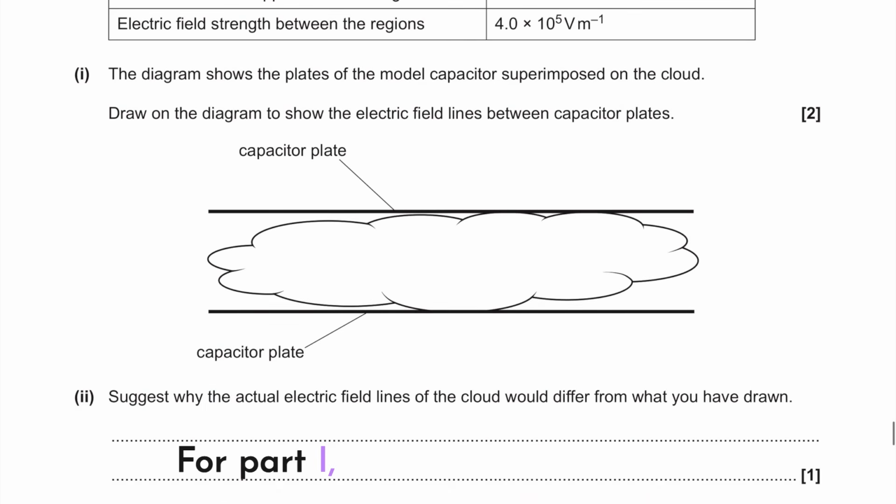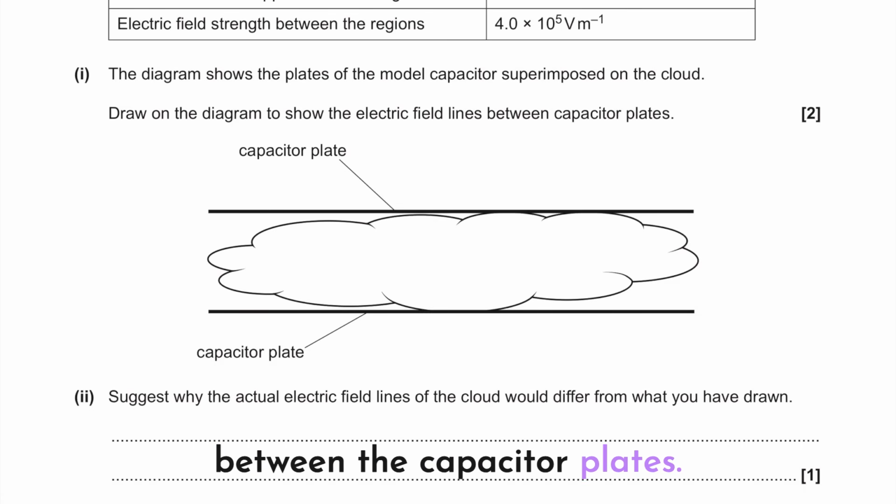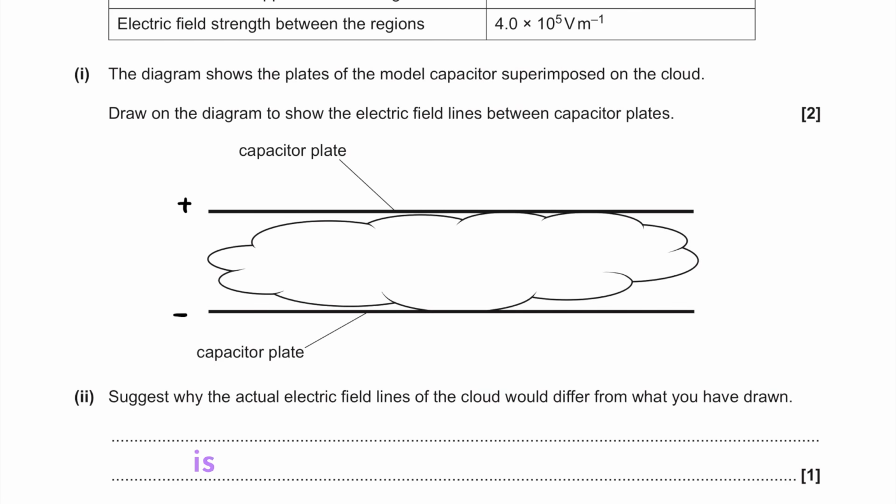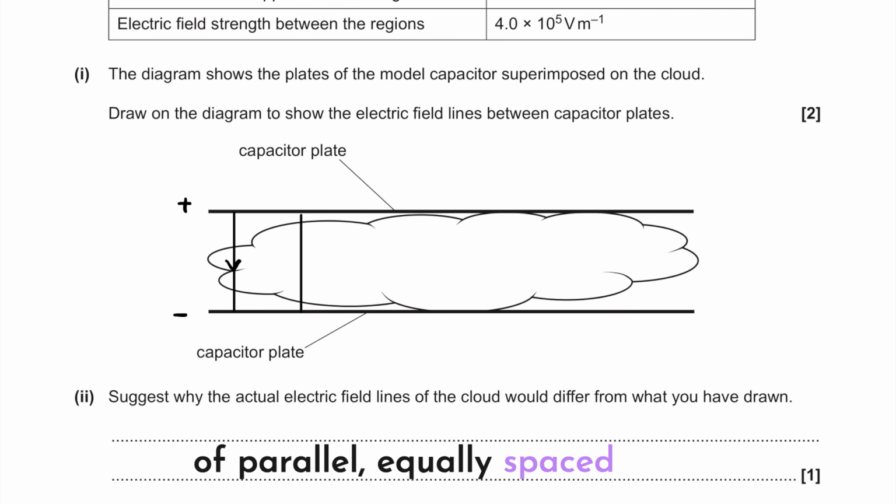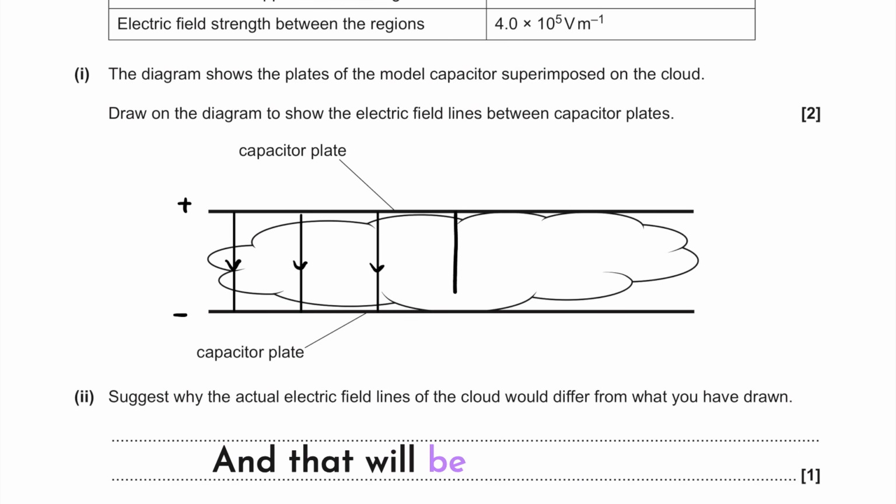For part I, we have to draw on the diagram the electric field lines between the capacitor plates. That's an easy one. We know this is positive and this is negative, so the field lines go from positive to negative, lots of parallel, equally spaced lines, and that will be part I sorted.